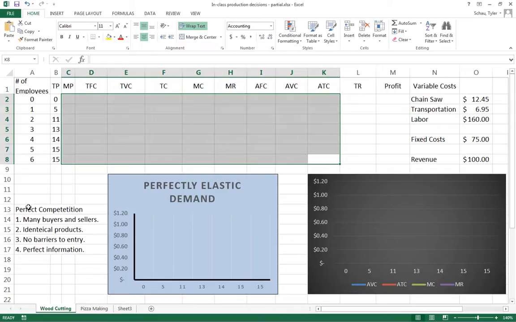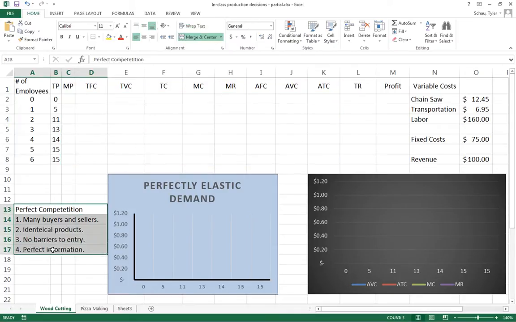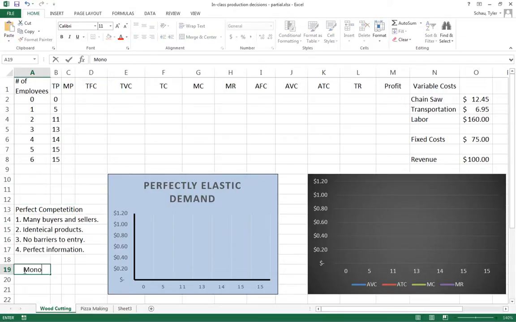A couple of things that we need to talk about first is what we're looking at here. We're looking at an industry that is perfectly competitive. There are 4 types of industry structures, really. There's perfect competition, there's monopoly. If you've all played the game Monopoly, mono means one, monopoly means there's one firm in an industry, so one firm controls an industry.